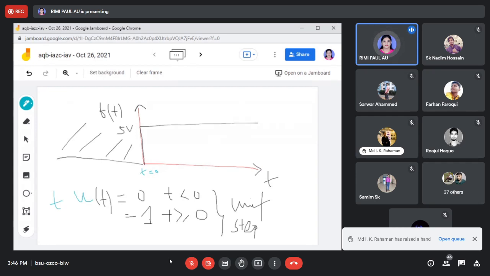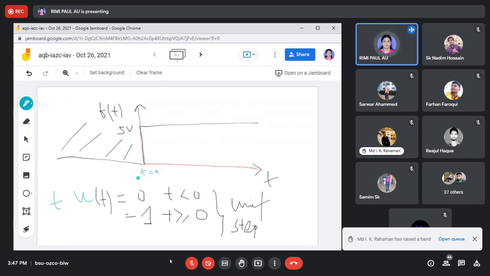After some delay, that means after some time it starts. Suppose at t equal to 0 you are going on a road, and after 5 minutes you think that I will switch on the mobile. So what will happen in your mobile? If there is a supply, there is a battery, so this battery will be on, so your mobile will be on. So the step signal will be shifted.